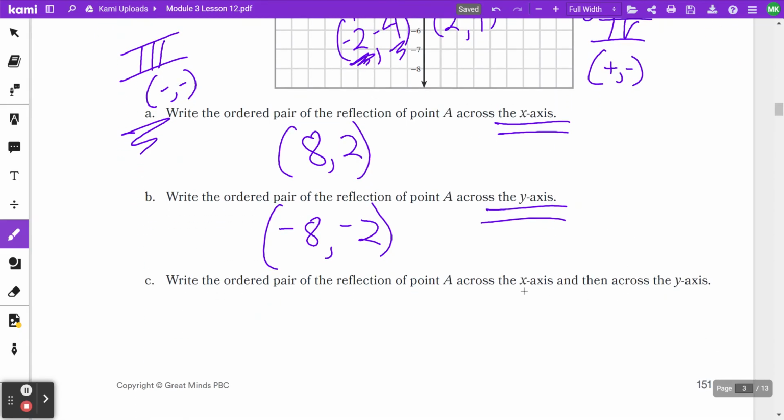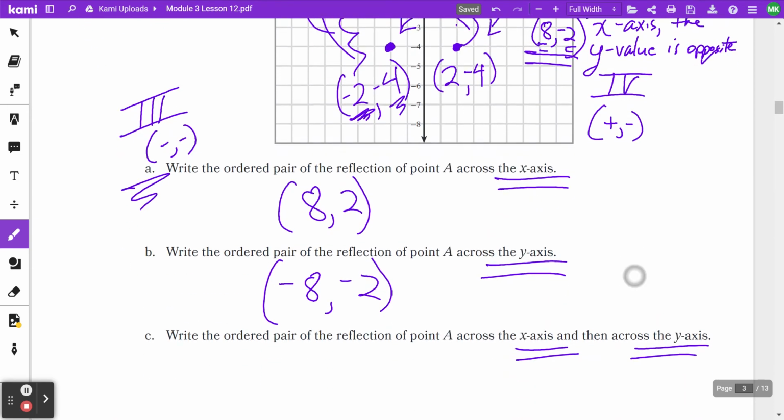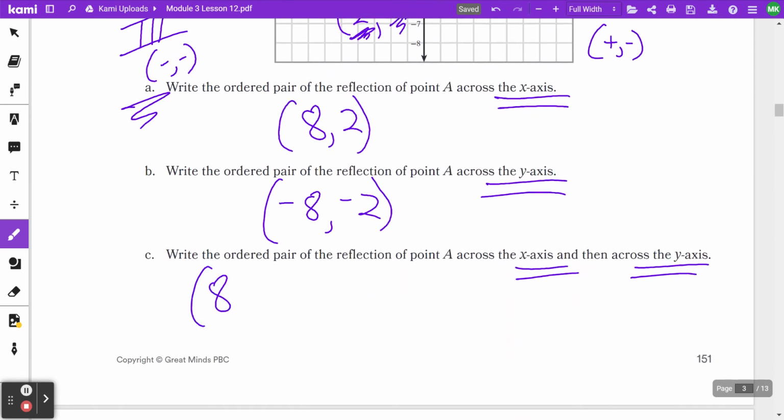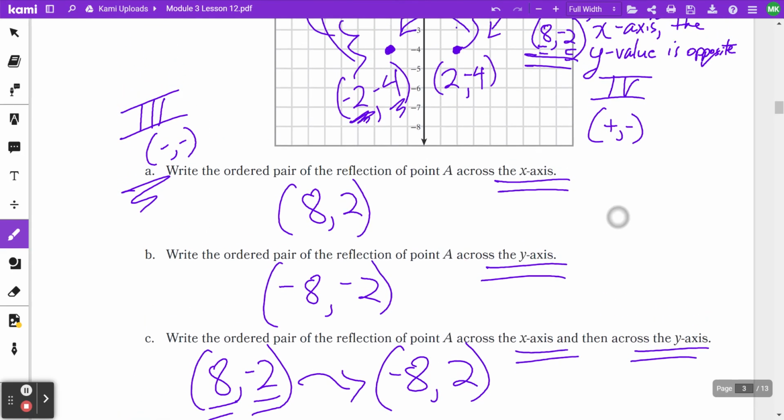And if I reflect over both, starting with the ordered pair 8, comma, -2, it would become the opposite in both cases. I would have a -8 and a +2, and that's where it'll land.